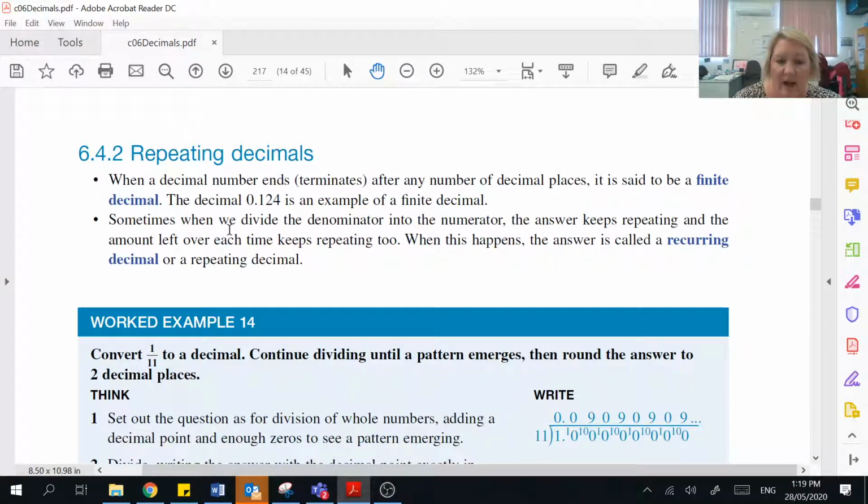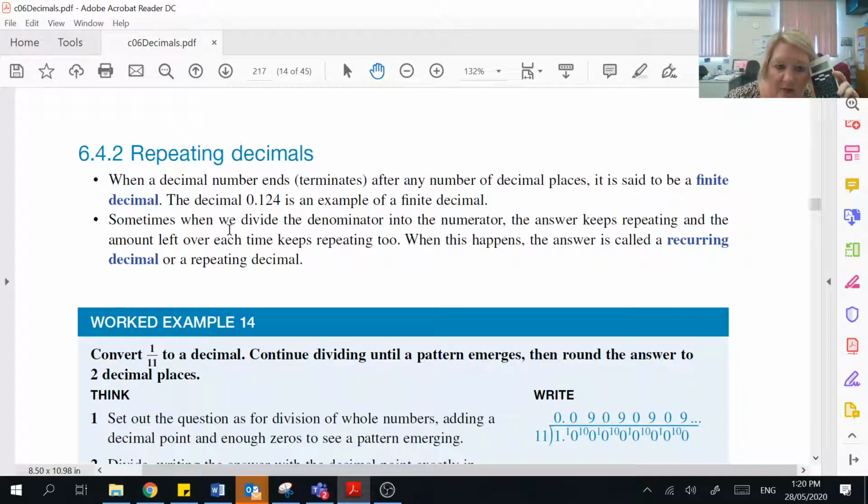Sometimes when we divide, the answer keeps coming up and up again. So if you haven't got your calculators, can you just pause this video for a second and grab your calculators? To give you an example, if you press in 1 divided by 3, you're going to get the same thing coming up, 0.333333333.